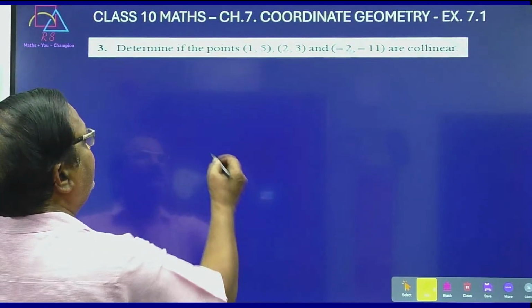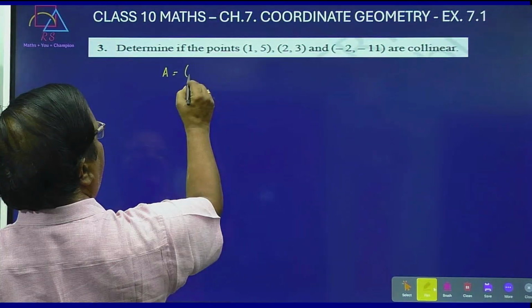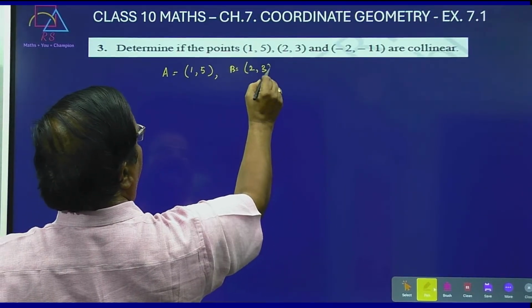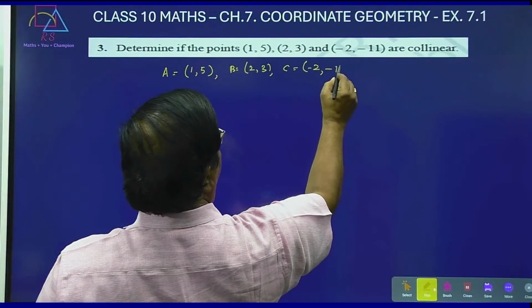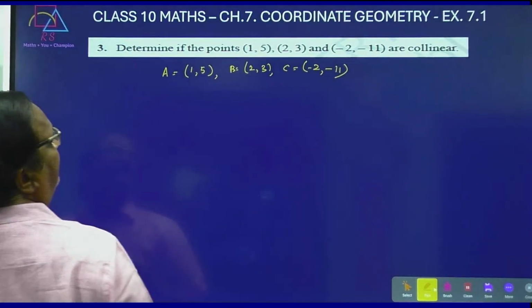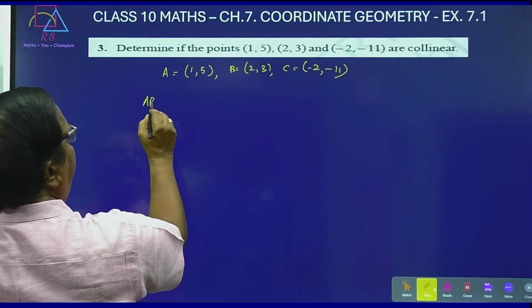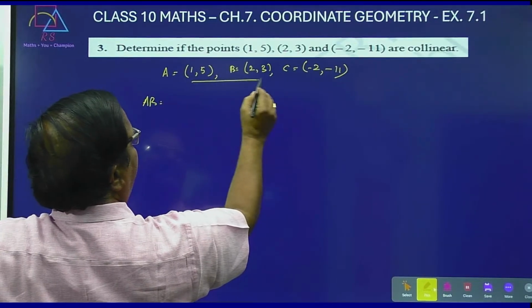Okay. So now you keep the first point as A = (1, 5), B = (2, 3) and C = (-2, -11). So you find out AB. AB is the distance between these two.